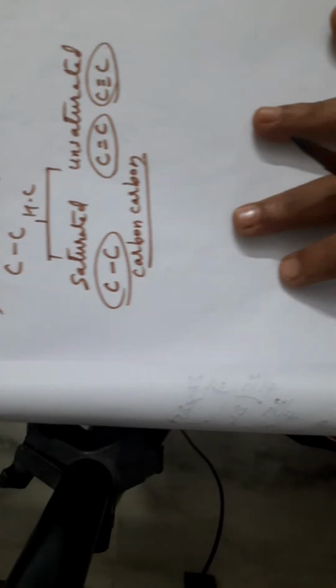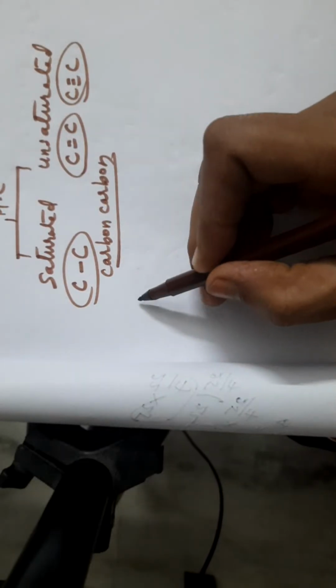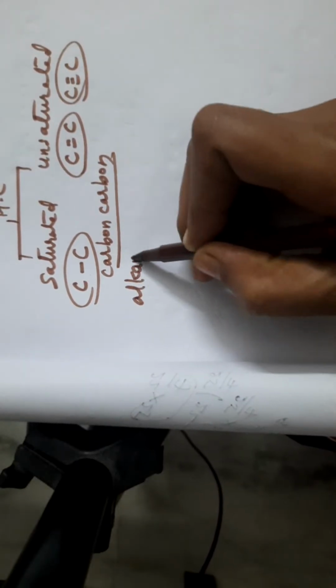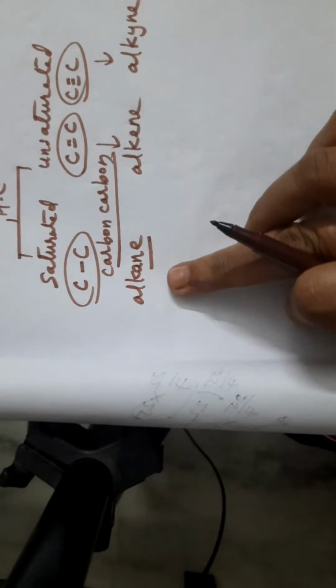Depending on a single bond, they are called alkanes, where ANE is added. If there is a double bond, we call them alkenes. If a triple bond is there, alkynes. Ane, ene, yne. Now their general formula is also very important, which you need to memorize perfectly.